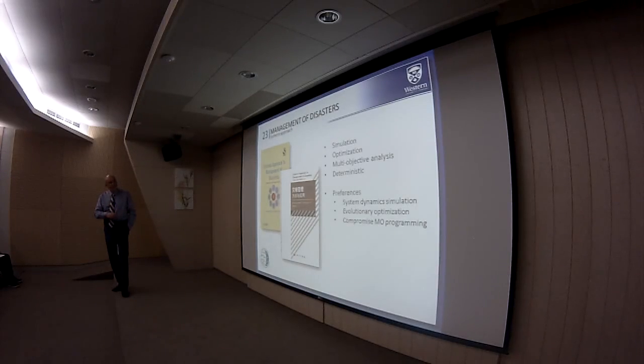In the textbook, I focused mostly on the technical side, how the systems approach works and what the tools and techniques of the systems approach are that can be of value for managing disasters. There is a whole theory and lots of information on different tools, from simulation to optimization, multi-objective analysis, deterministic and stochastic environments, and so on.